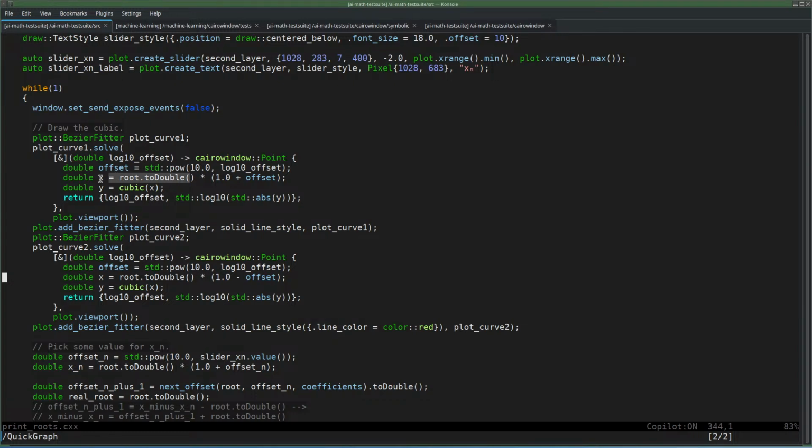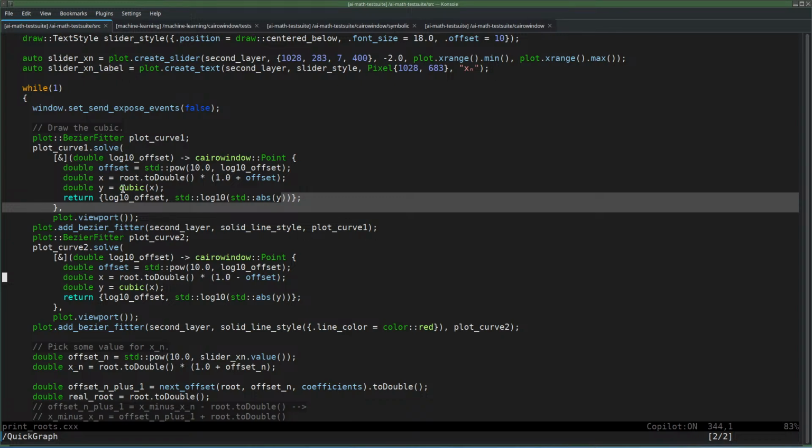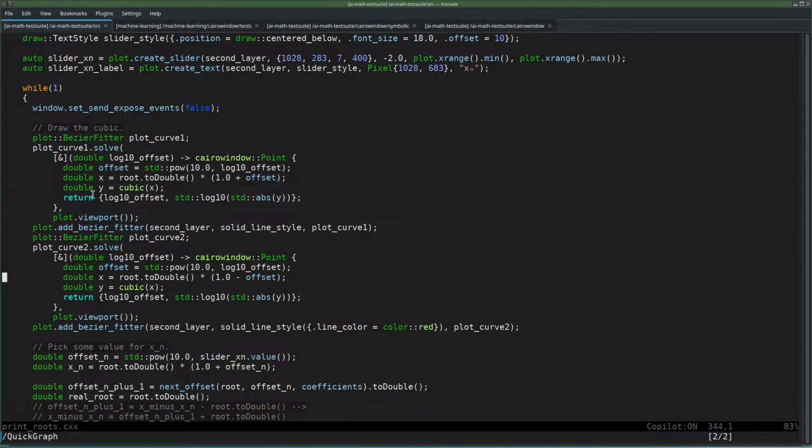Multiply that with the root to get the x value that belongs to that offset. And then we convert everything back to log 10 of the y value of that cubic, so it can be drawn. Doesn't that mean that if I comment this one out and this one, then the cubic will disappear?